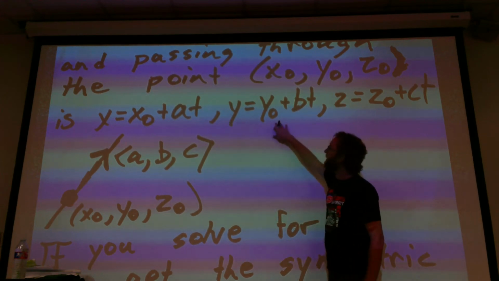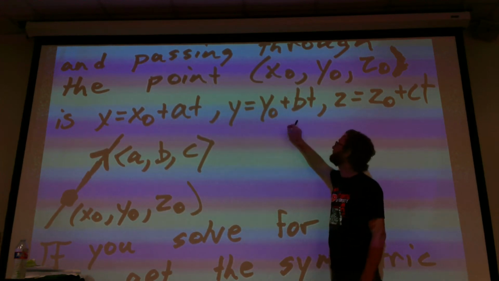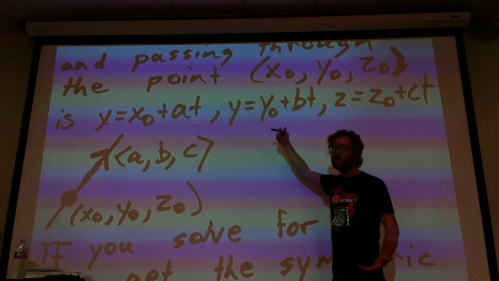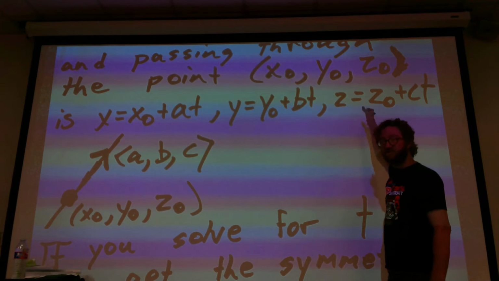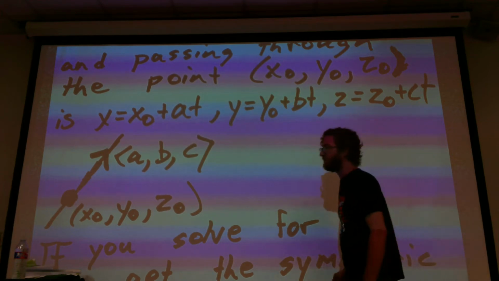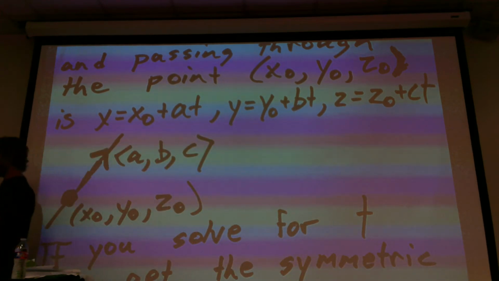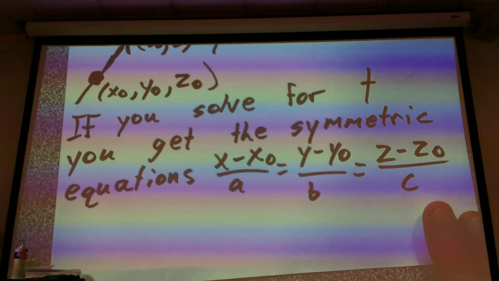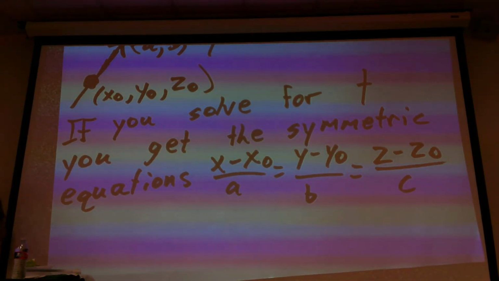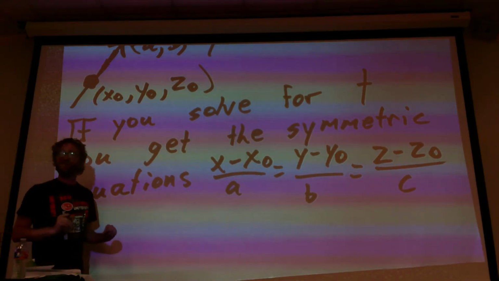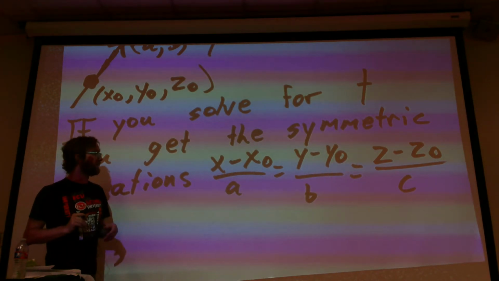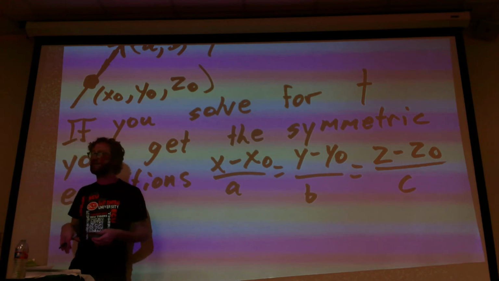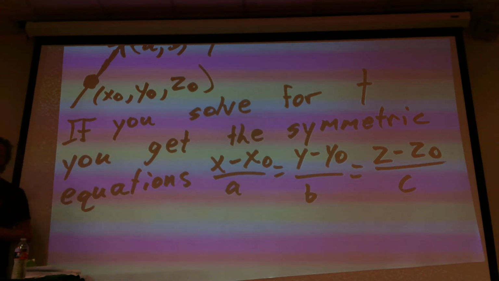And then for this guy, subtract y naught to the other side, divide by b, it equals t. This guy right here, subtract z naught to the other side, divide by c, and it equals t. And so that's how we get into the symmetric representation of a line in space. Just x minus x naught divided by a equals y minus y naught divided by b, which equals z minus z naught divided by c. All you're doing is solving for t.